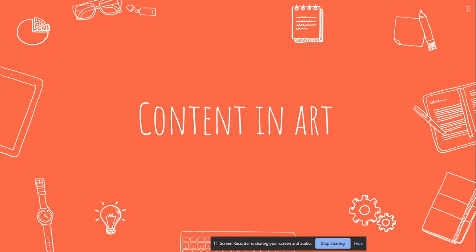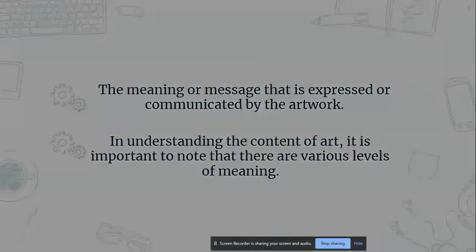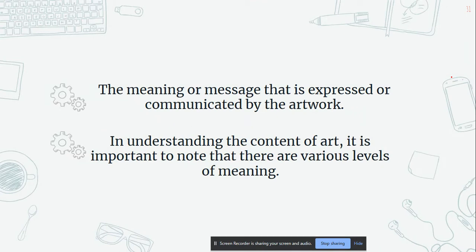Okay, now let's proceed to the content in art. Let's remember the content in art is the meaning or message that is expressed or communicated by the artwork. In understanding the content of art, it is important to note that there are various levels of meaning. So your perception might be different from the others. So it's safe to not impose our own understanding on the other.